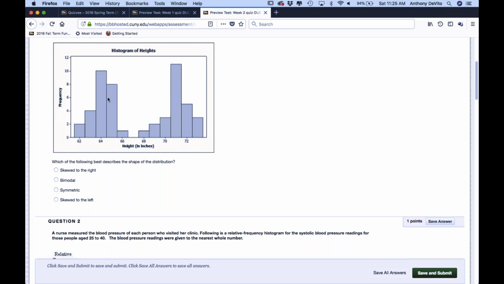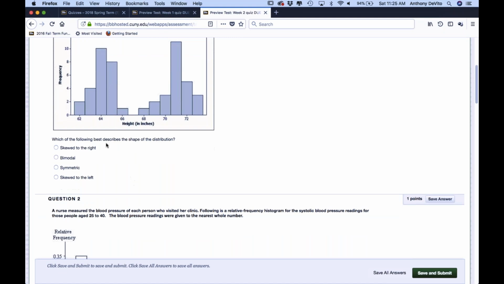In this case, 64 is a mode, a frequent value, and 71 is a mode, a frequent value. If you use software, it might call 71 the mode because it's the highest number, but really there are two modes here once we see it graphically: 64 and 71.